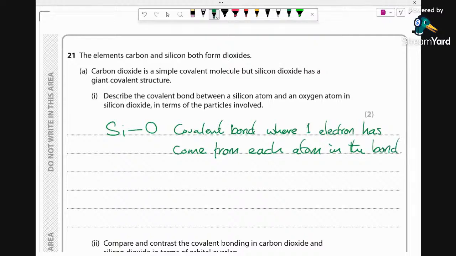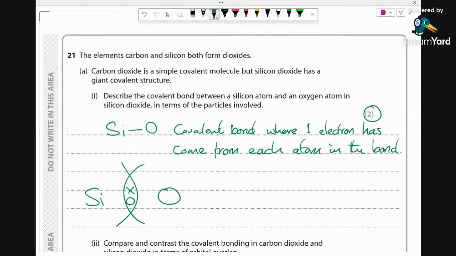I'll draw a picture. I'm going to go like this: silicon, oxygen, dot and cross. It is a standard covalent bond. Yeah, one electron has come from each atom in the bond.